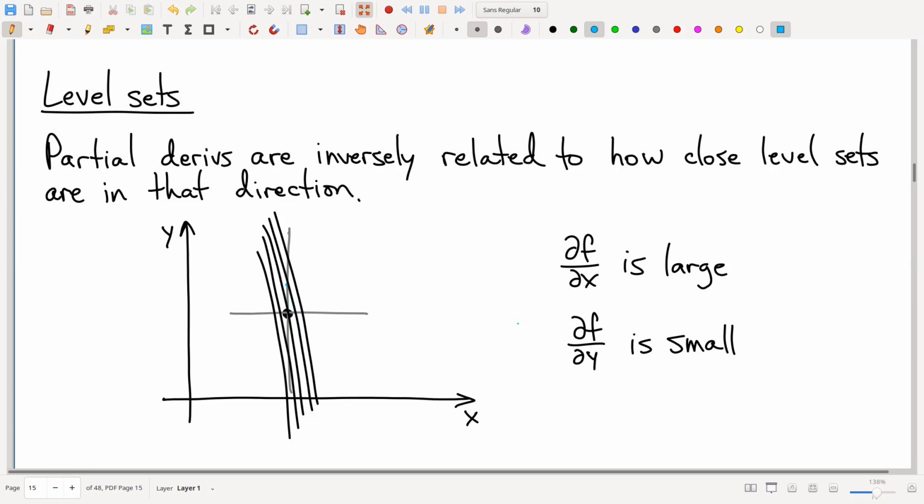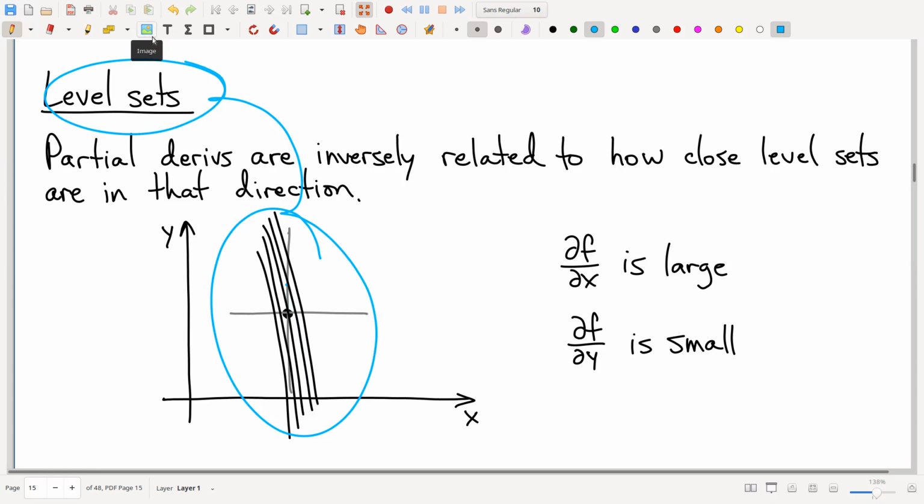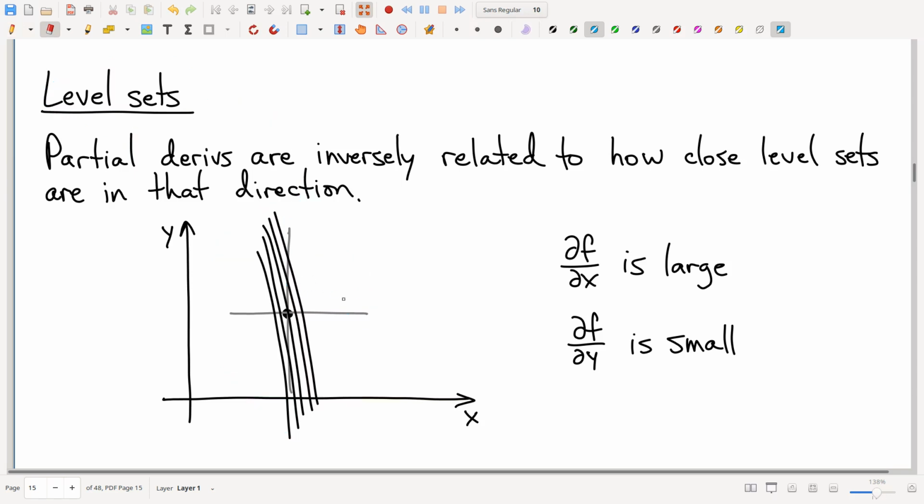Okay, so in this context, here I have some various level sets drawn. And reminder, my favorite metaphor for level sets is contour lines on a topographical map of a hilly, mountainous kind of area, right? So whenever I'm thinking about stuff like this, I'm thinking, okay, how does this hike look?